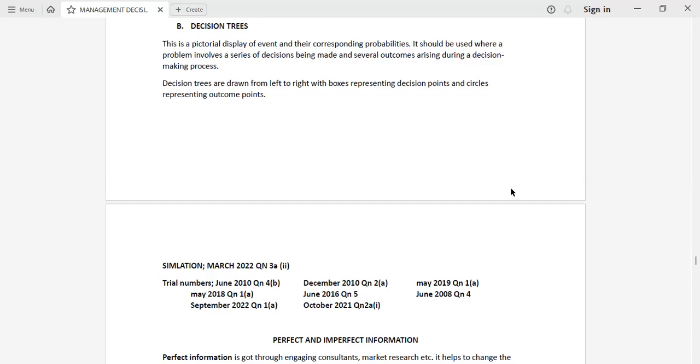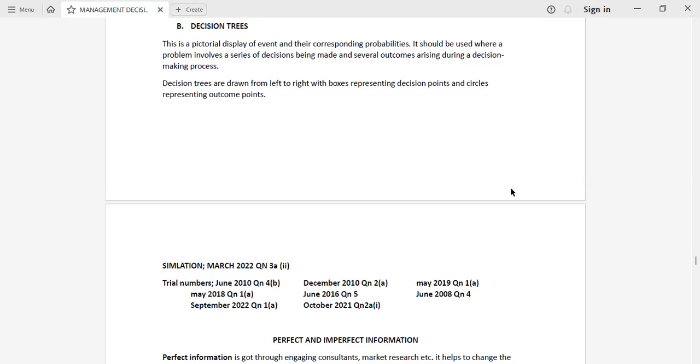A decision point may be in terms of the things you want to undertake. If you're starting a business, going to school, or doing anything, that may be our decision point. But for these outcome points, we have to show what will be the result, or what we are expecting if we pick a certain alternative.